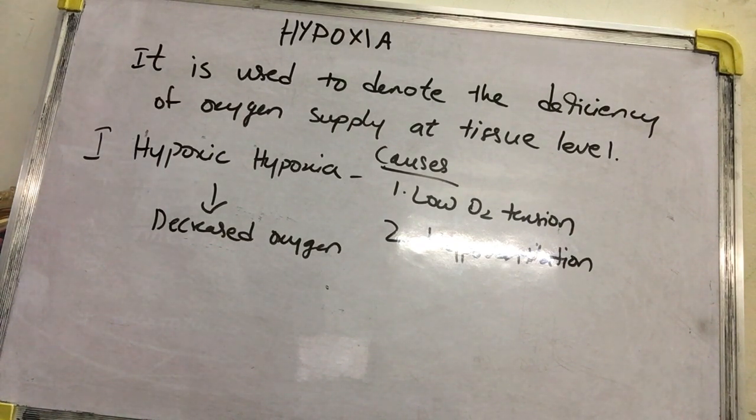Another cause of hypoventilation is decreased lung compliance. Compliance is the stretching of the lung. If the lungs are not able to stretch to take in more air, there will be hypoventilation. This decreased lung compliance can be seen in pneumothorax.